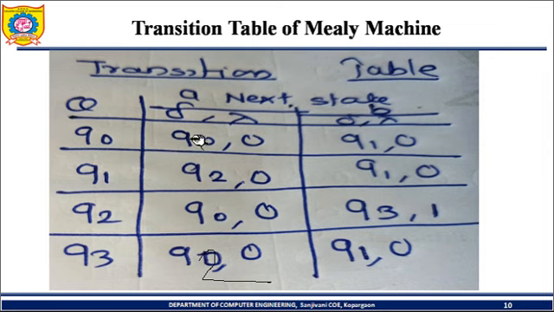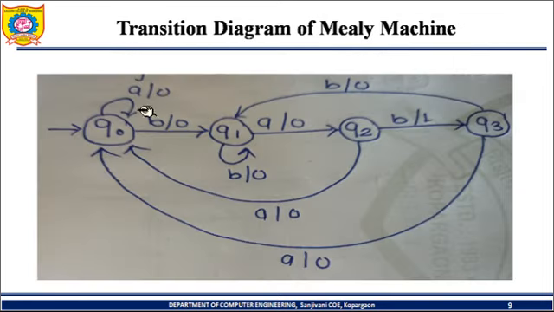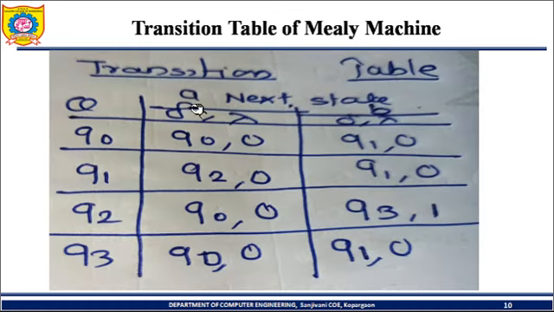So here, Q0 after accepting A, what is delta, the next state, and what is lambda? Here we have combined both the delta next state table and the lambda function. So Q0 after accepting A stays in the same state, Q0, and the output is 0.